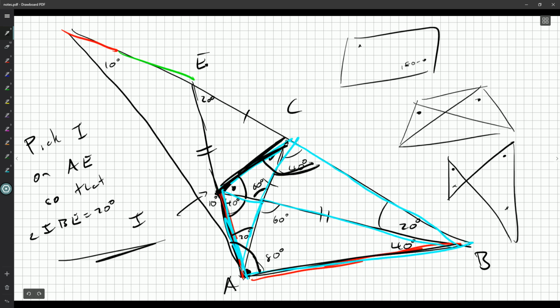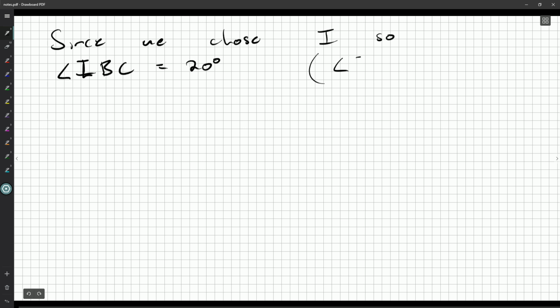So we get 80 degrees here. Okay. And since we chose I, IBC is 20 degrees, and as a result, IBA is 40 degrees, which we'll use in a moment.